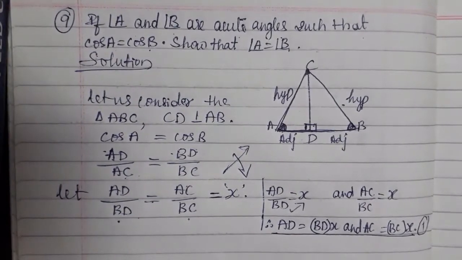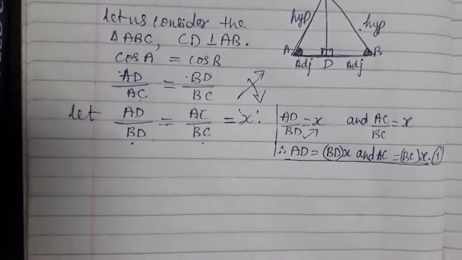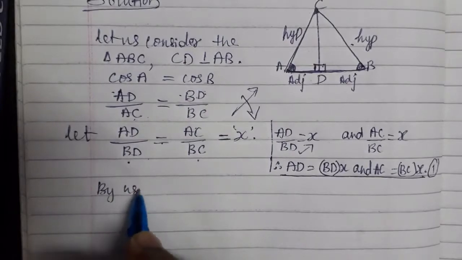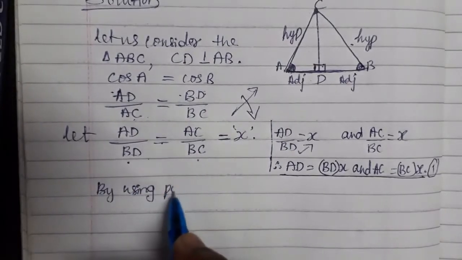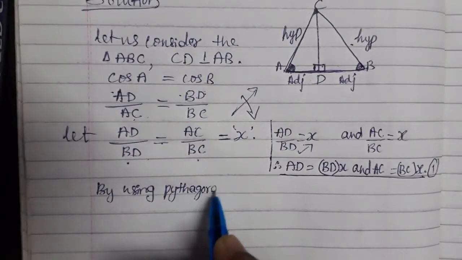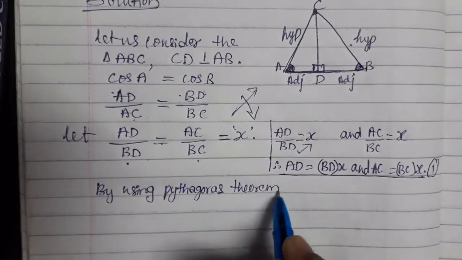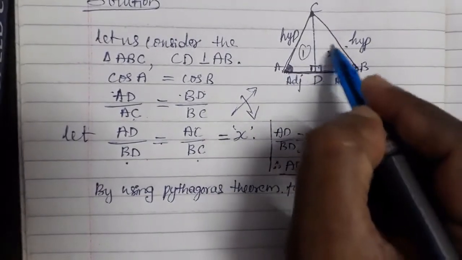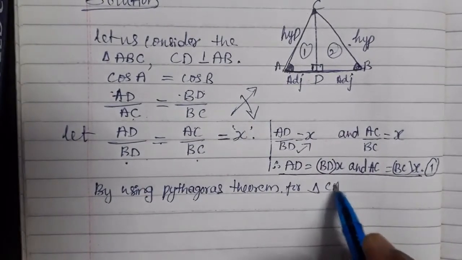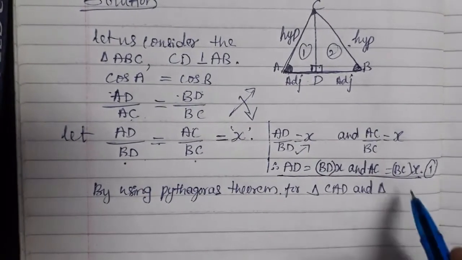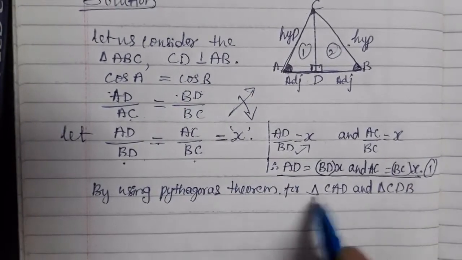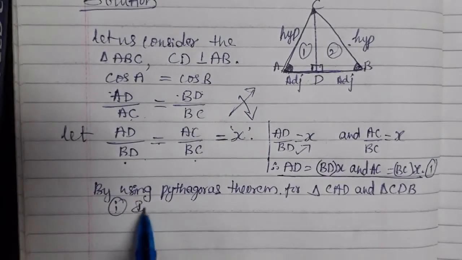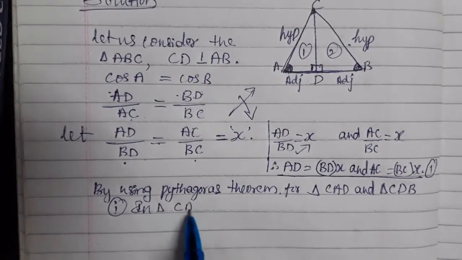Now we'll apply the Pythagoras theorem to two triangles: this is triangle number 1, this is triangle number 2. Triangle CAD and triangle CDB. First take triangle CAD.